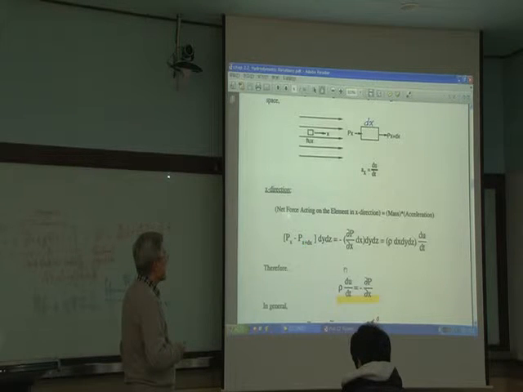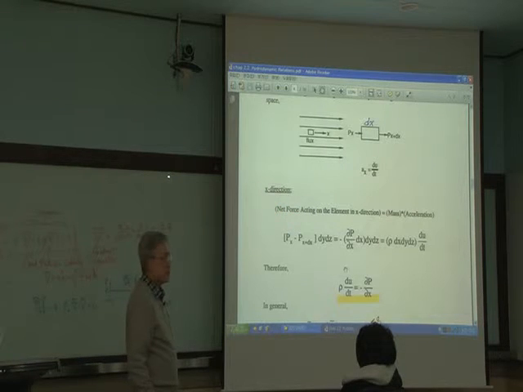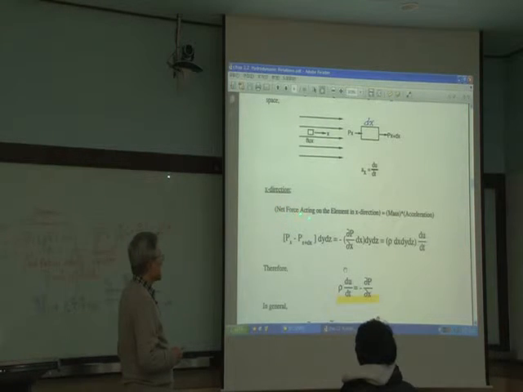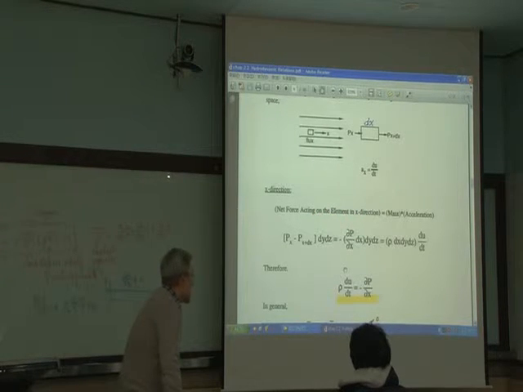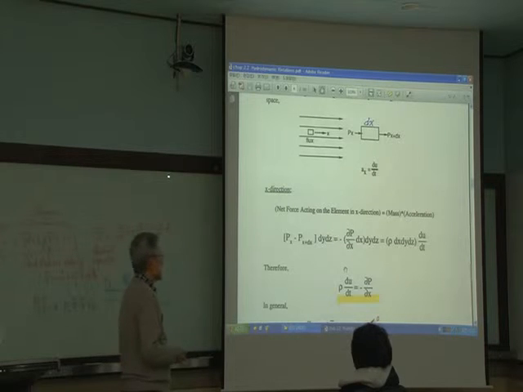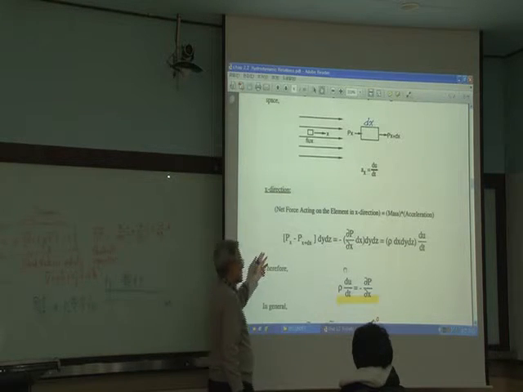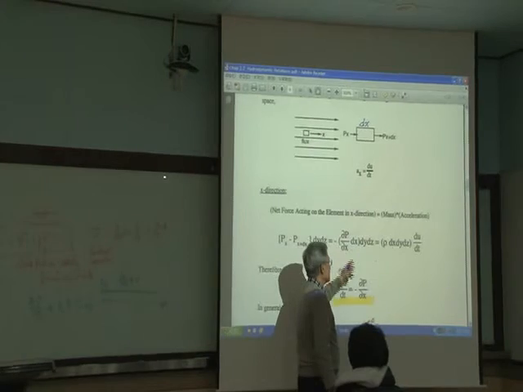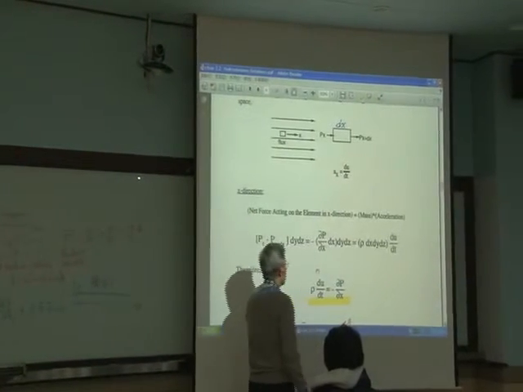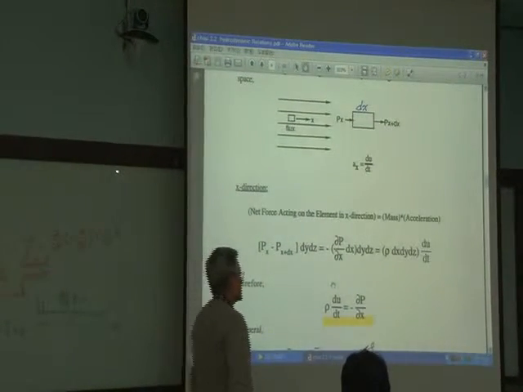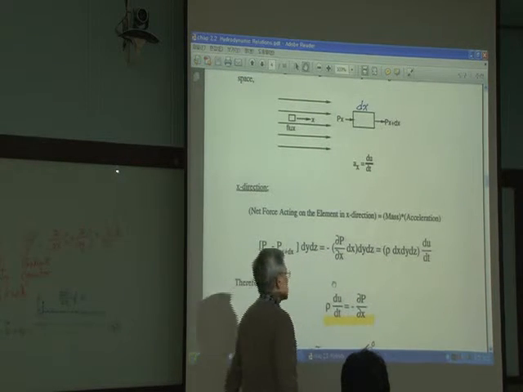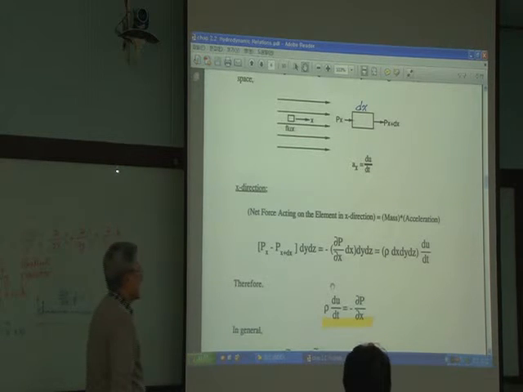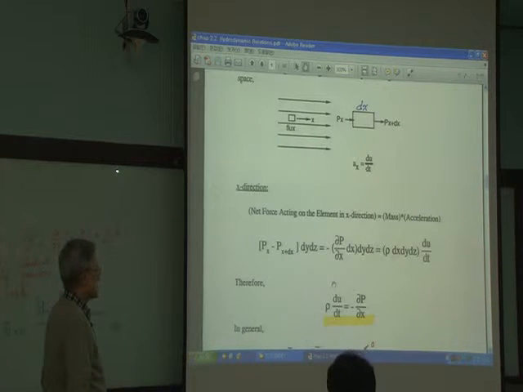So net force, this is Newton's second law, which is really the same as conservation of momentum. The net force acting on the element in the x direction is equal to mass times the acceleration. Same thing. Then this is minus, then rho dx dy dz, the differential mass, times the x directional acceleration.